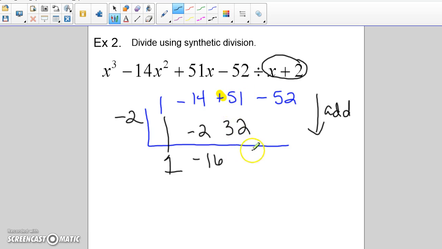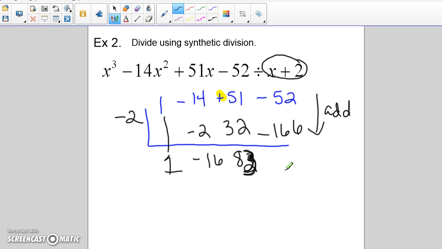So I get here, this is a 3, and that's an 8. So I have 83 here. And then I go through and I say, well, what is negative 2 times 83? And that is going to be a negative 166, right?